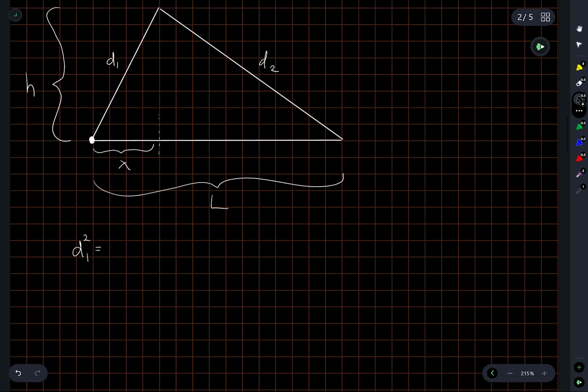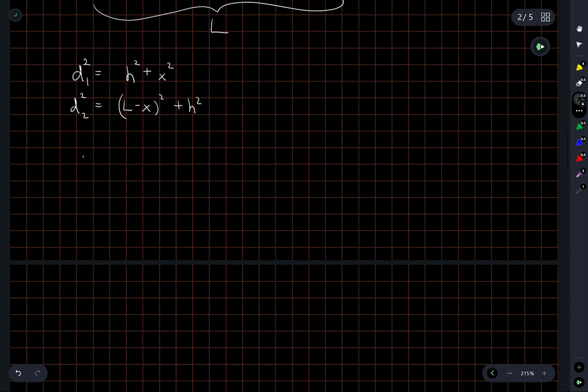So d1 squared is equal to h squared plus x squared. And d2 squared is equal to (L minus x) squared plus h squared. Oh, this should be an x. Okay. So d1 plus d2 is some expression with some roots in it.